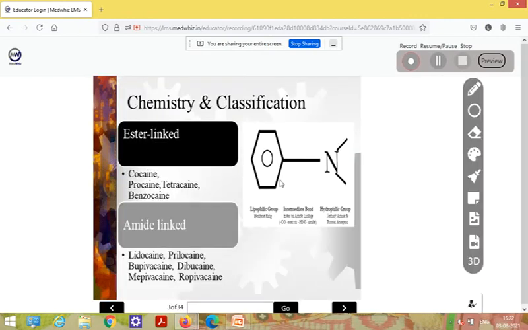Now, we have many types of local anesthetics, and let us understand the basic chemistry of local anesthesia. If you are going to classify them based on their chemistry, then you have two types. They are called ester-linked local anesthetics or amide-linked. Now, how do you remember it?